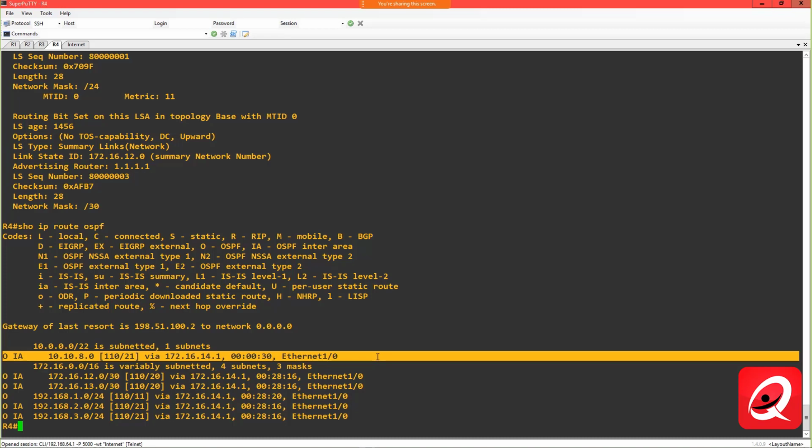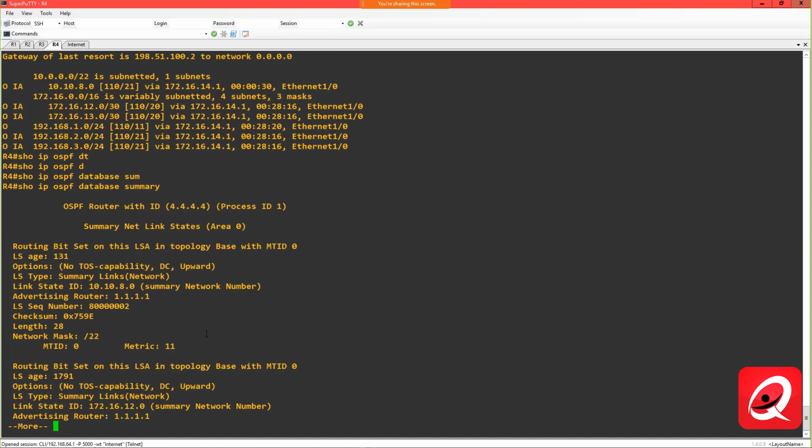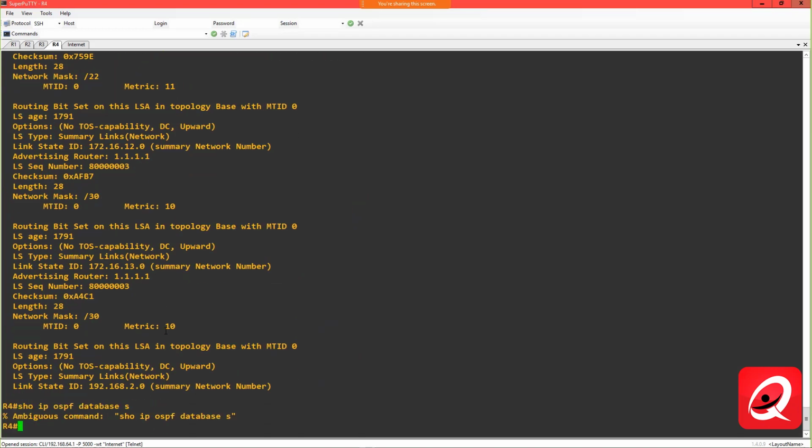Okay? A good rule of thumb by default is that for every route in the routing table, there should be some sort of Type 3 LSA in the link state database, unless you're summarizing, right? So if I go into router 4 and I say show IP OSPF database summary, you can see in this case, well, let's do this. Let's just look at the quick list here.